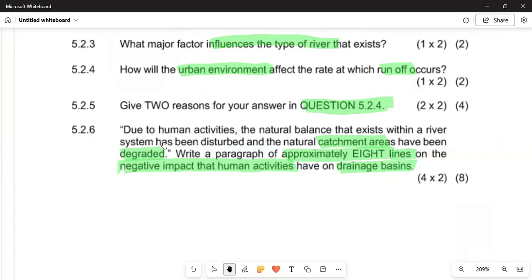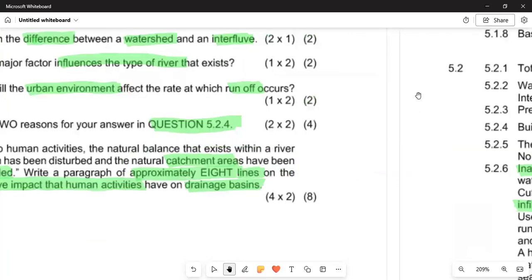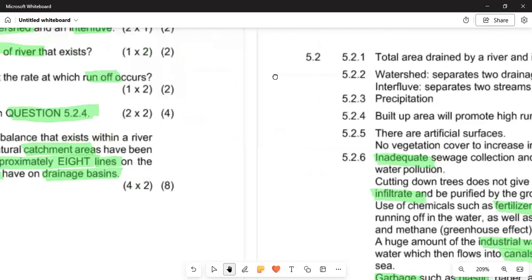Then the question says, write a paragraph of approximately 8 lines on the negative impact that human activities have on the drainage basin. So in simple terms, what is it that we do negatively which would affect our drainage basin? All right. Remember, we are littering everywhere, and that needs to stop.